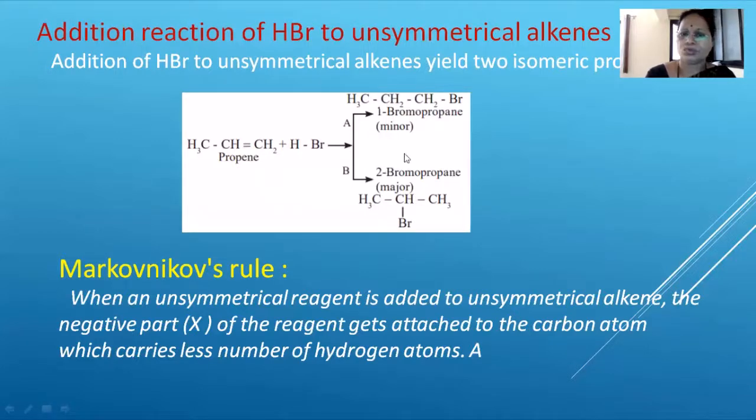Okay, so 2 bromopropane is major product. So this is about addition of HBr to unsymmetrical alkene.